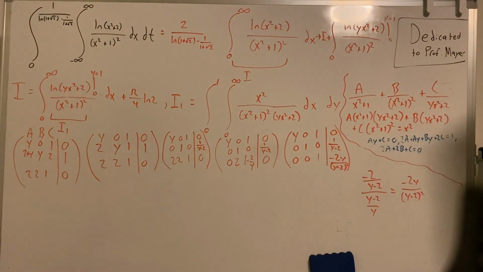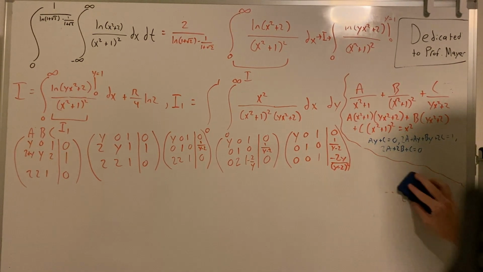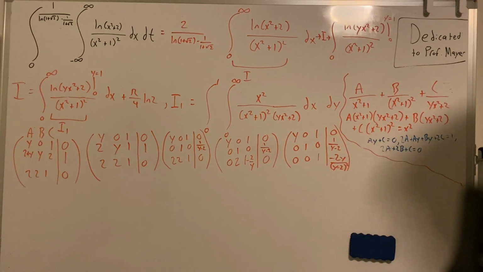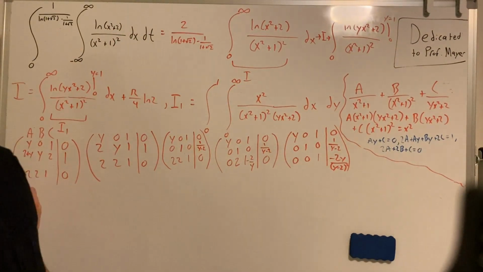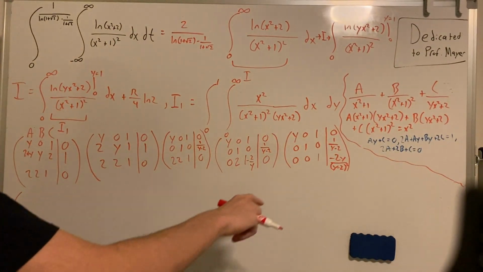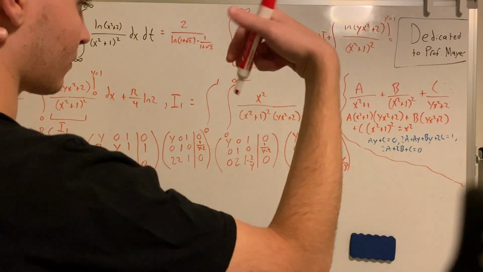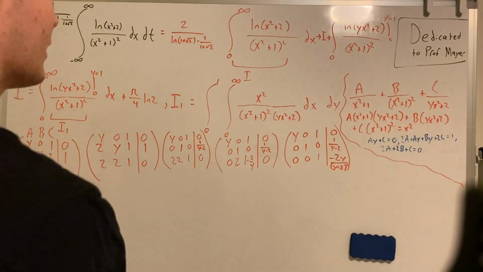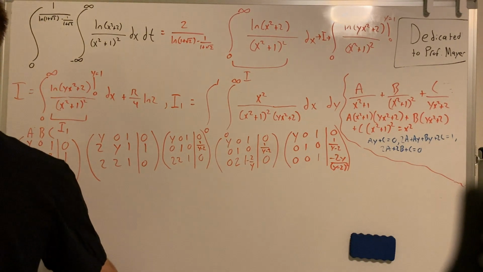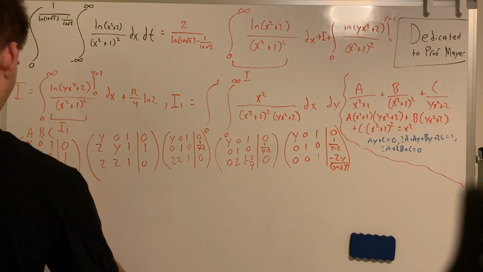Okay, great. Now, I want to clear out this one. I want to make a 0. So, naturally, I'm just going to subtract row 3. I'm going to make row 1 go to row 1 minus row 3. So we're going to have y, 0, now 0.